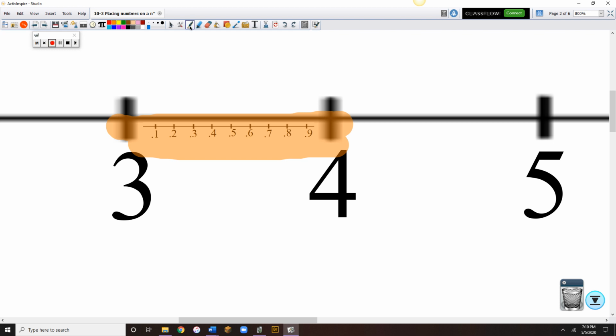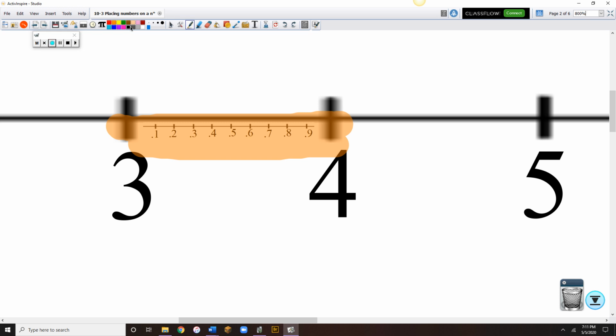So I just made it really big so we could see the parts of the number line. What is it we're seeing? We see the whole number 3, we see the whole number 4, and then we see the little increments in between. Where's 3.1? Where's 3.2? Where's 3.3? And so on. The square root of 12 was 3.46, and a whole bunch more numbers, but we don't need to be any more specific than that.